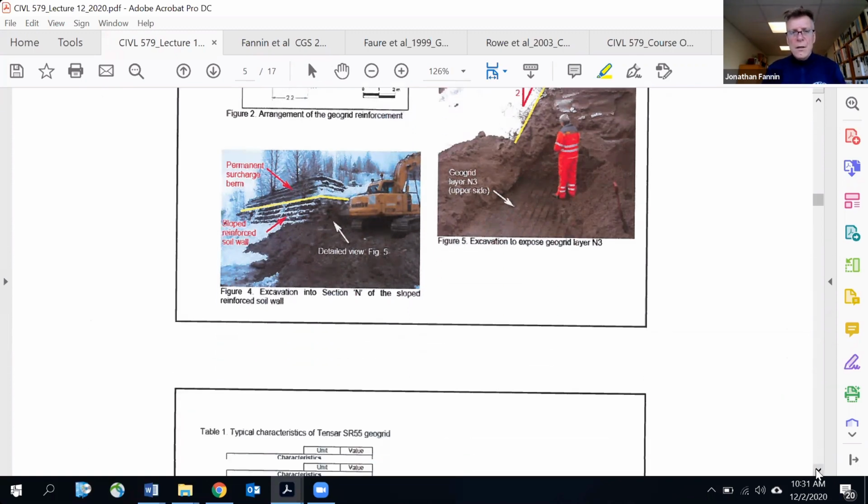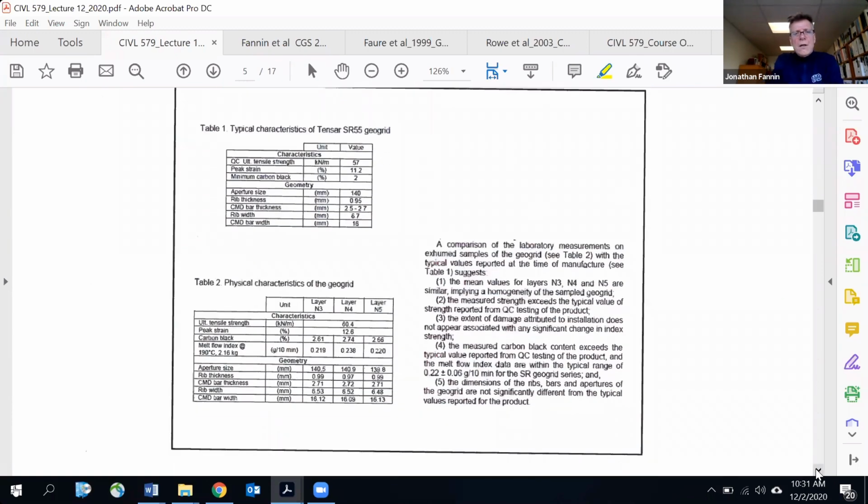Nonetheless, we exhumed those layers and did a number of characterizations. Now, in the absence of actually physically testing the materials that we used in construction, and looking back, we never thought this thing would be sitting there for 25 years. So there was no intent originally to turn this into a long-term study. So that's why Table 1 has typical characteristics of Tensar SR55 geogrid.